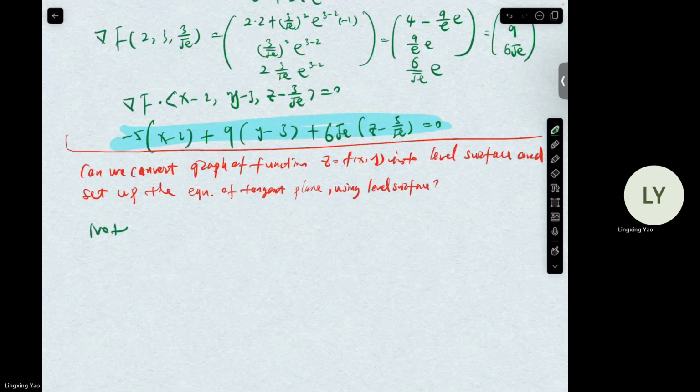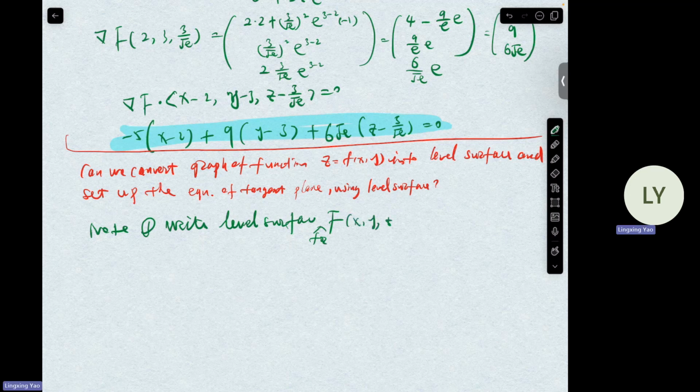Note, we can write the level surface for the function capital F of x, y, z. Now with this z inclusion, what we can do? We can do this.